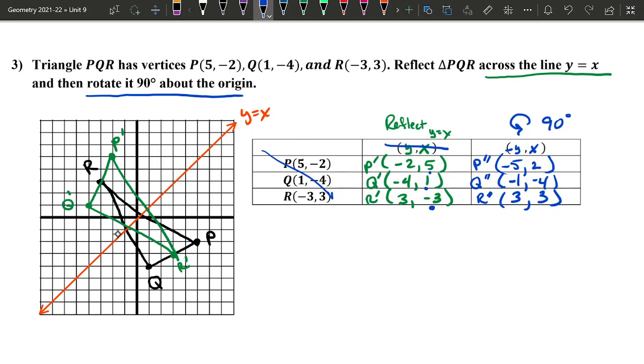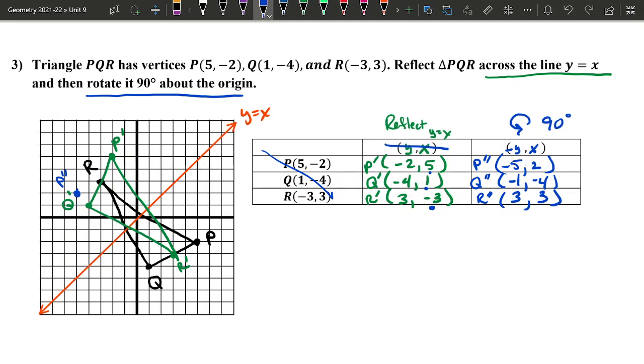All right, so negative 5, 2. 1, 2, 3, 4, 5, 1, 2. It's right here. That is P double prime. Negative 1, negative 4. Did I mess that up? Negative 5, negative 2.